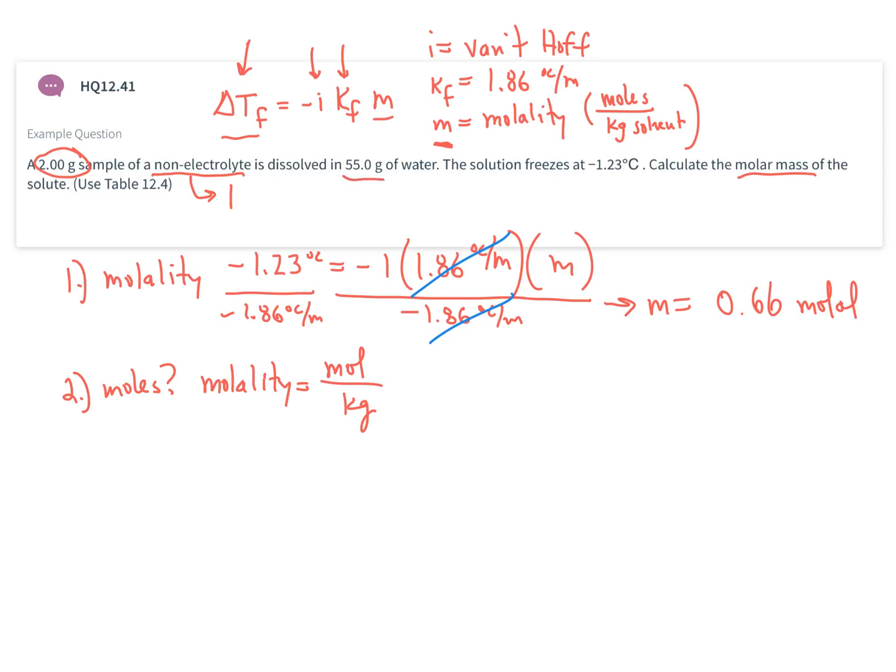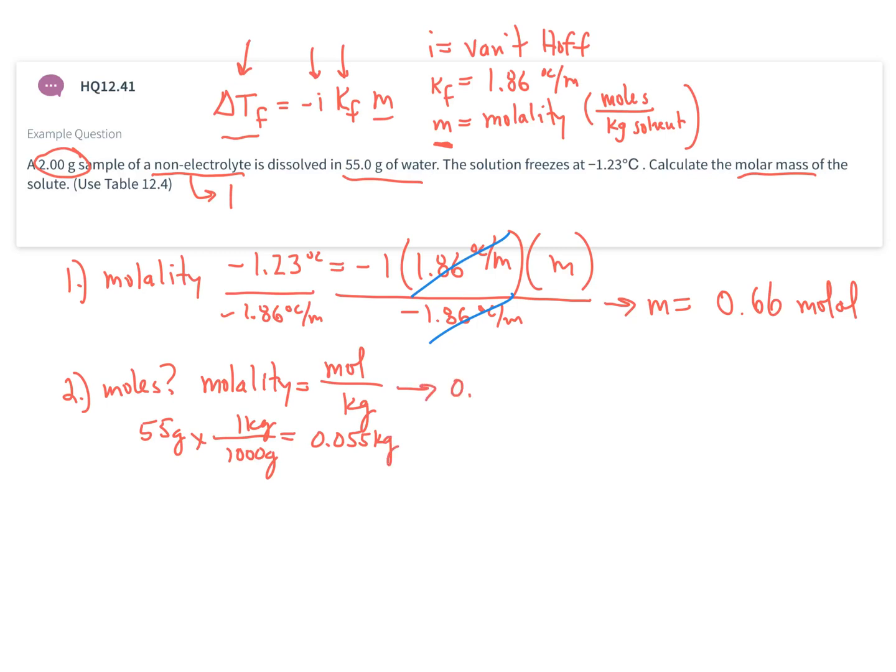I have 55 grams of water, so I need to convert that into kilograms. So 55 grams of water, I know there are 1,000 grams in 1 kilogram, so I have 0.055 kilograms of water.